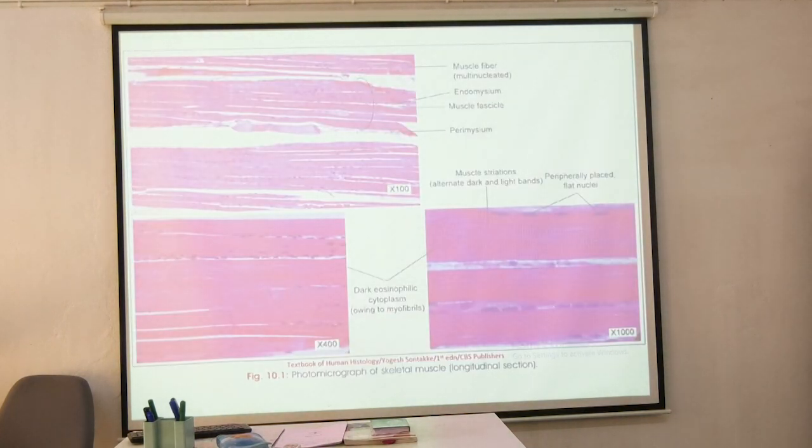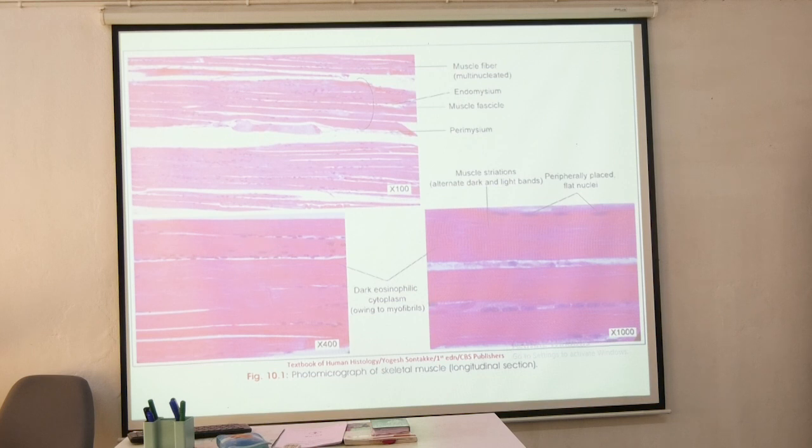Now, see these magnifications of skeletal muscle. You see it in your textbook, and also view it in the slide. So this is 100x, this is 400x, this is 1000x.